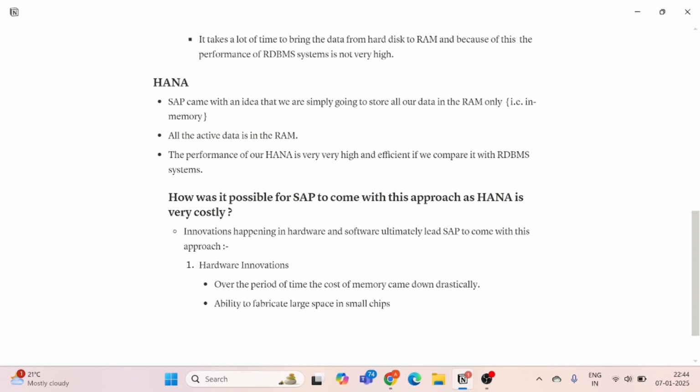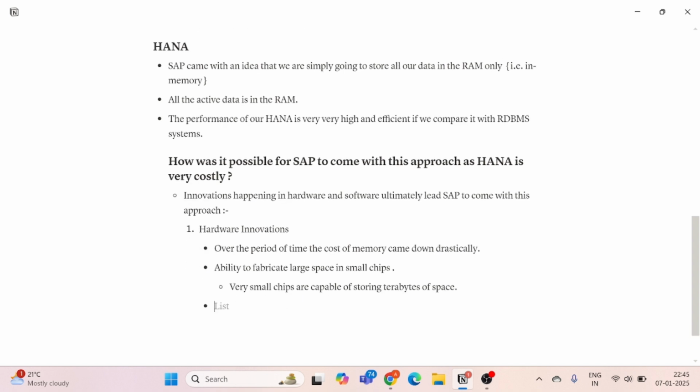Companies like Seagate, Sony, Intel started to build memories equal to the size of our nails, but they can store terabytes of space. Very small chips are capable of storing terabytes of space. So it becomes really easier, right?